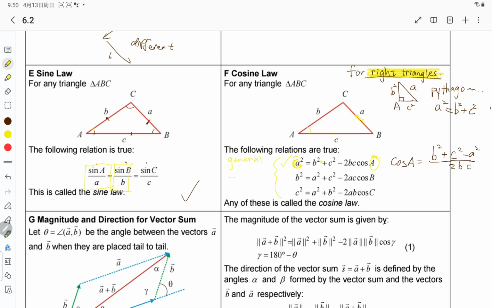As you can see, when we have the right triangle, cosine 90 degrees is equal to 0, so we still have this formula, applying when A is a right angle of 90 degrees, and this term disappears, okay?